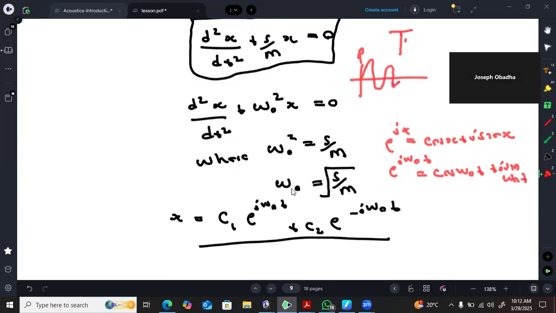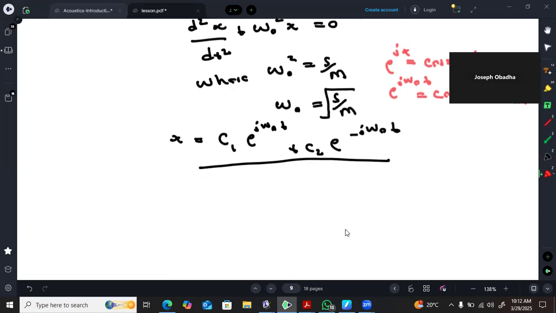But there are two components here. If we interpret them, it is like we have a wave which is moving forward with time, and another one which is moving backward.